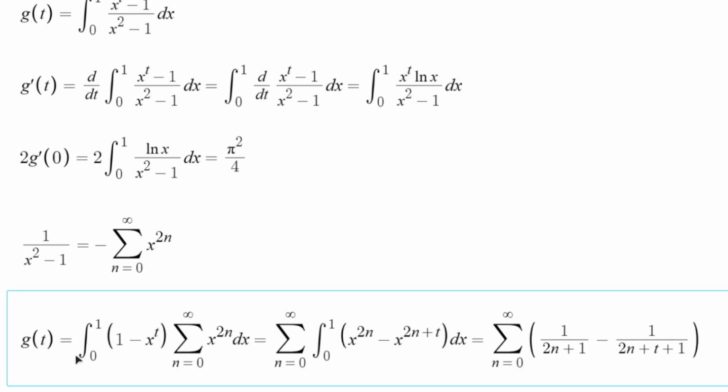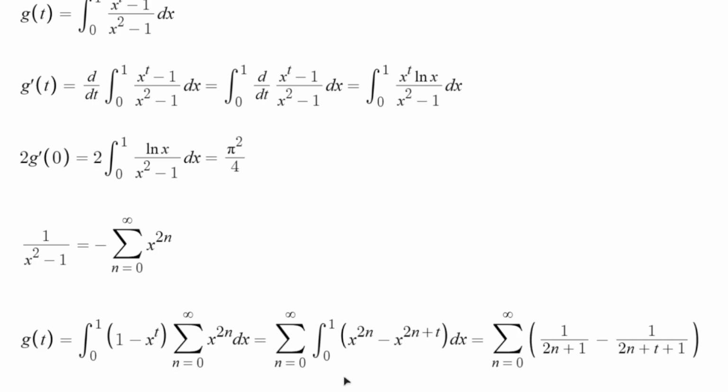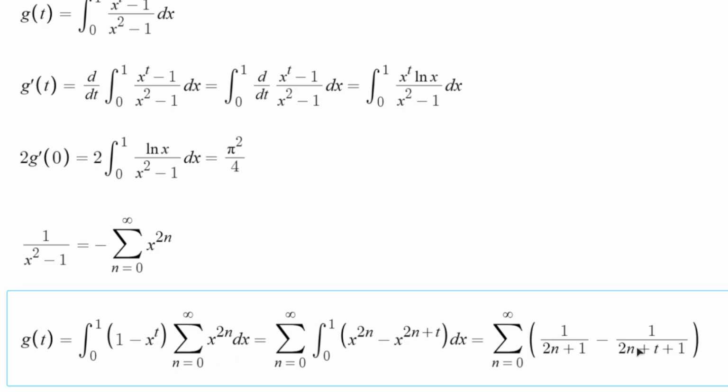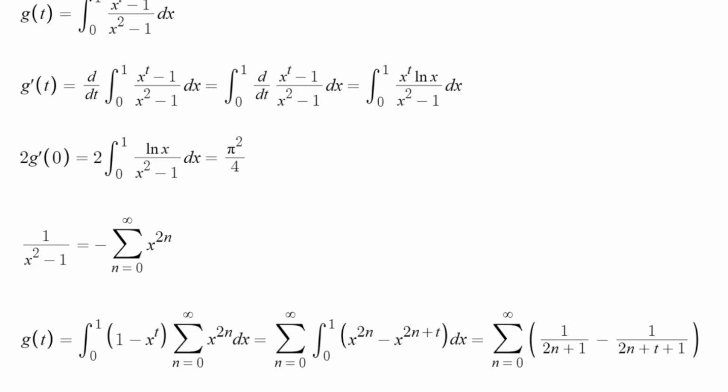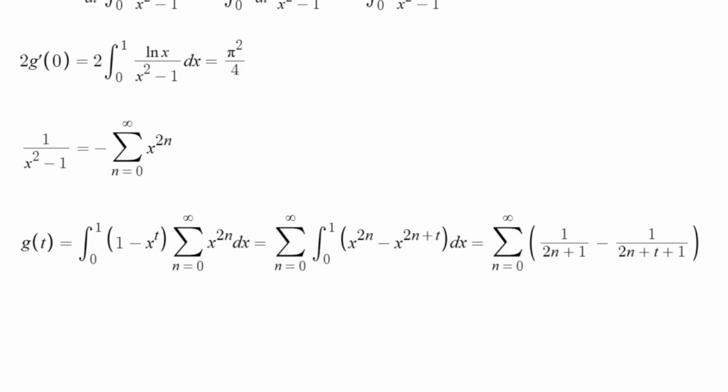So g of t is equal to this. Then switching the integration and summation and distributing this x to the 2n inside, we end up with this. And then evaluating the integral, we end up with this. So there's a sum representation of our g of t.